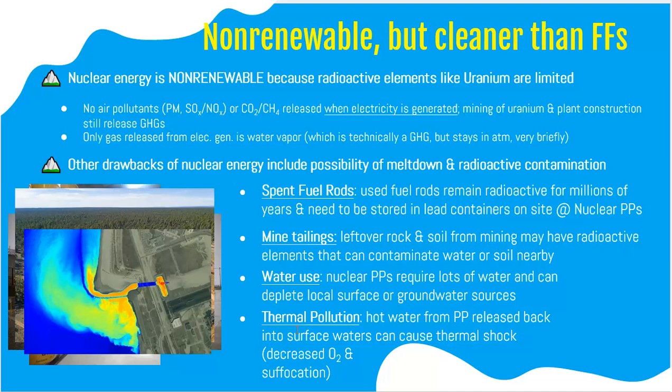Most nuclear power plants are on a river or something like that, because they use enormous amounts of water for cooling. I'm going to talk about that in a minute. So there is a possibility for thermal pollution. But all in all, the biggest problem with all this is the fuel rods and control rods, that waste, and trying to figure out what to do with it.